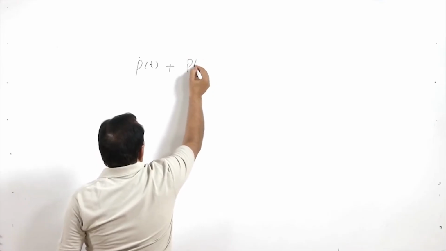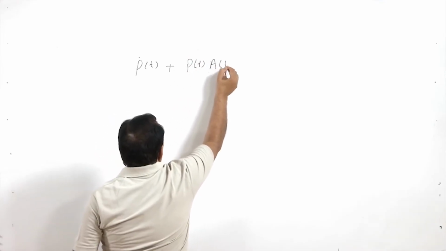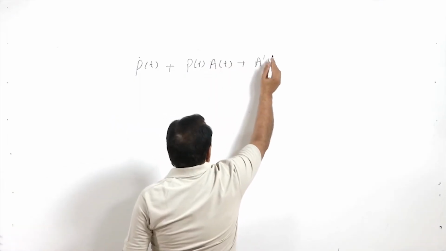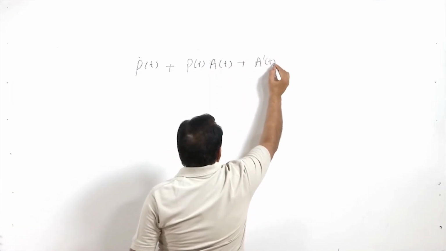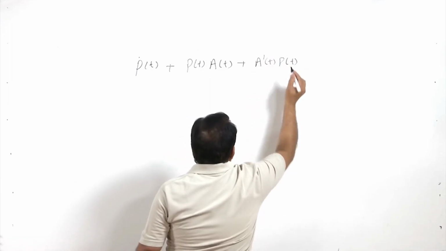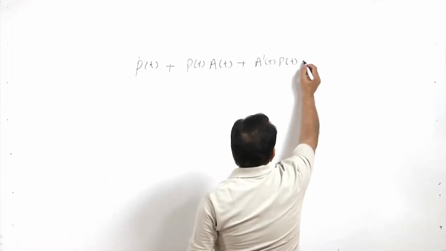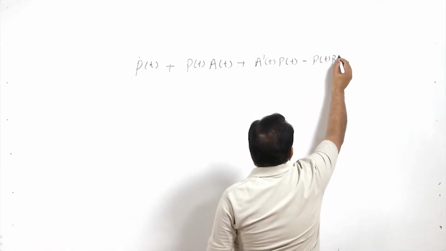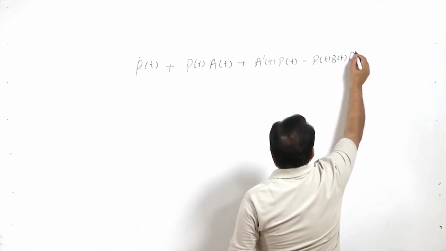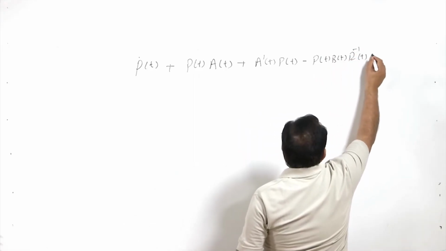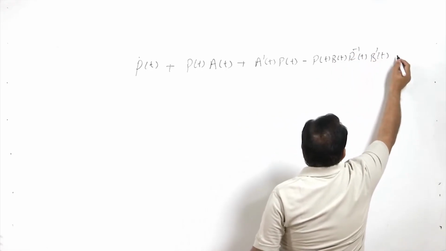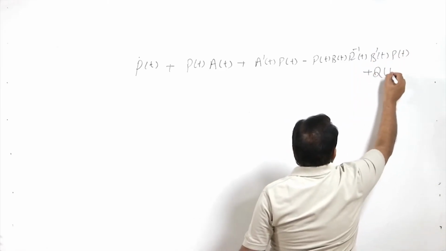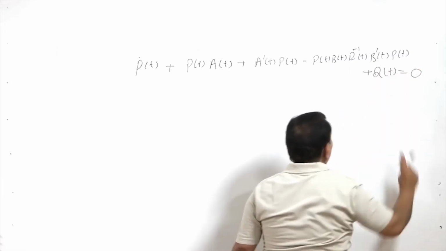P dot (t) equals PA plus A transpose P minus P B R inverse B transpose P plus Q(t) equals 0.